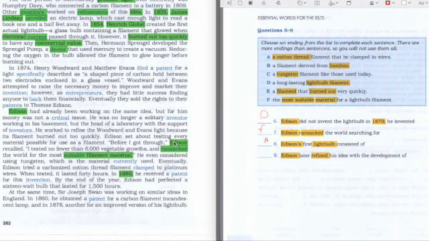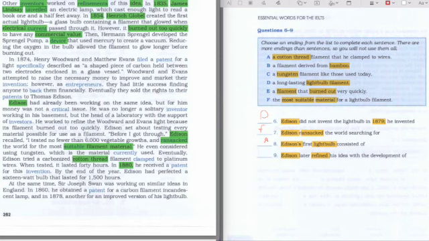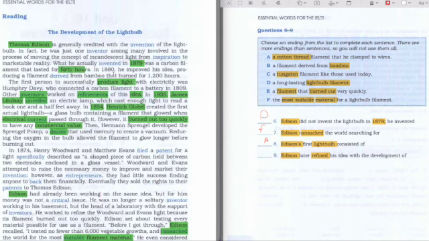We scan the text further and try to find any information about the refinement. So here there is information about him. In 1880 he improved his idea. So basically he refined, which is a synonym.